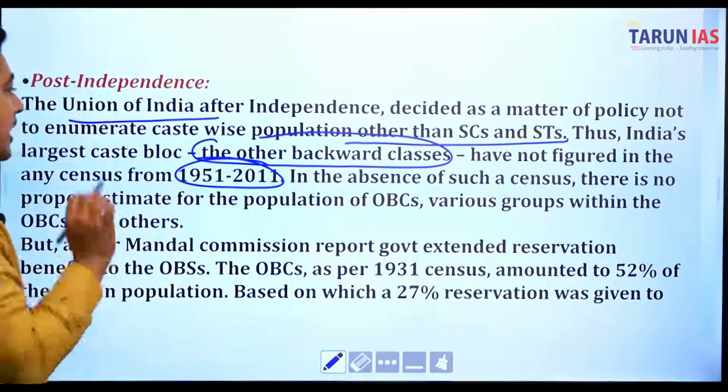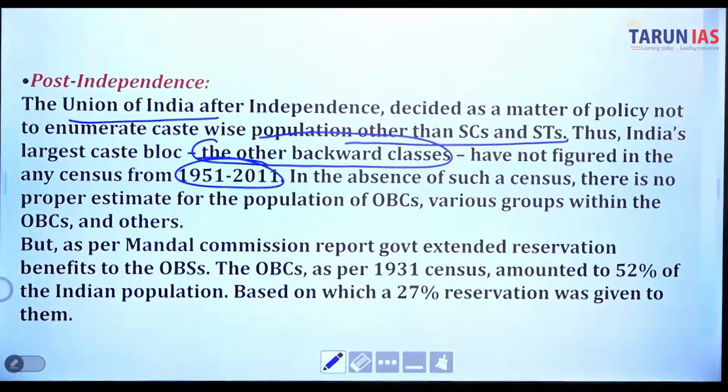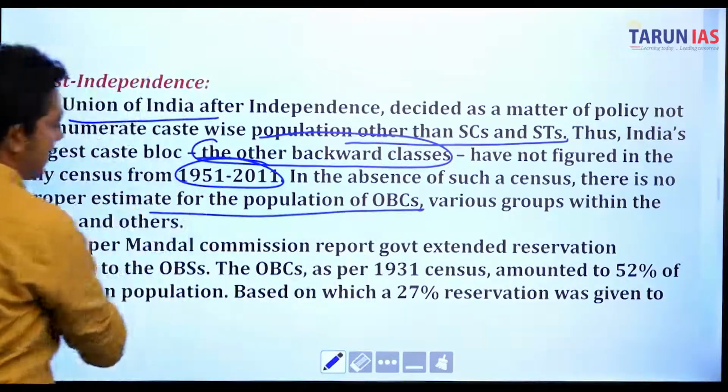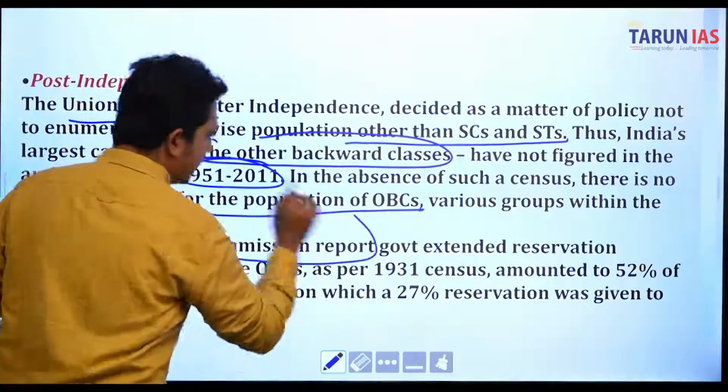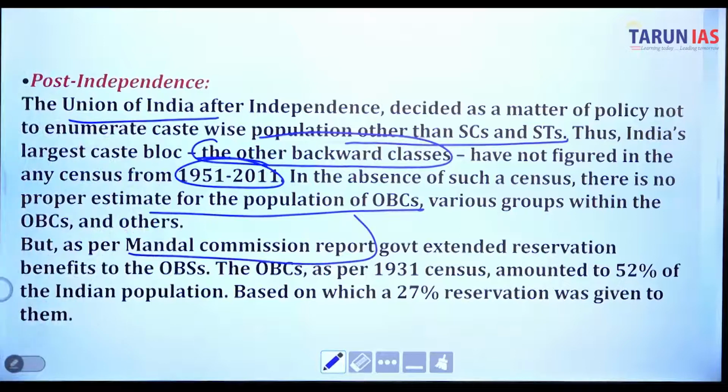In the absence of such a census, there is no proper estimate of the population of OBCs, the other backward castes, the various groups within the OBC and others. But as per the Mandal Commission report, the government extended reservation benefits to the OBCs.